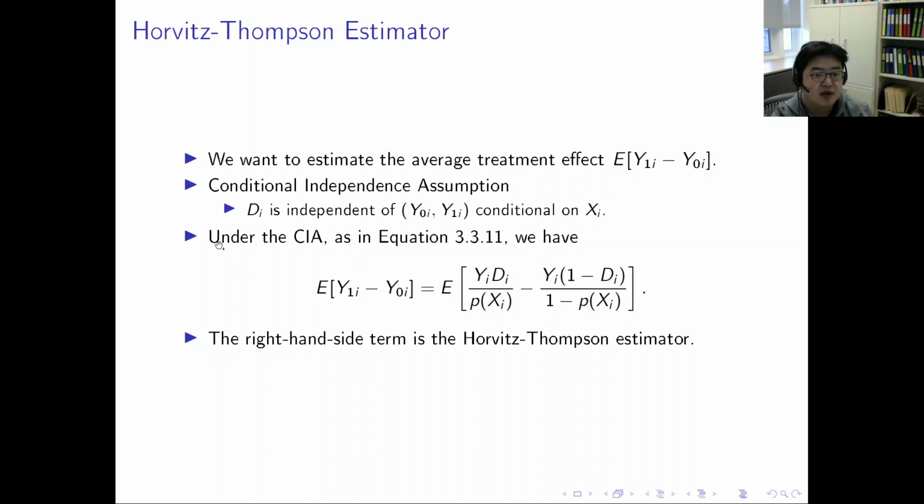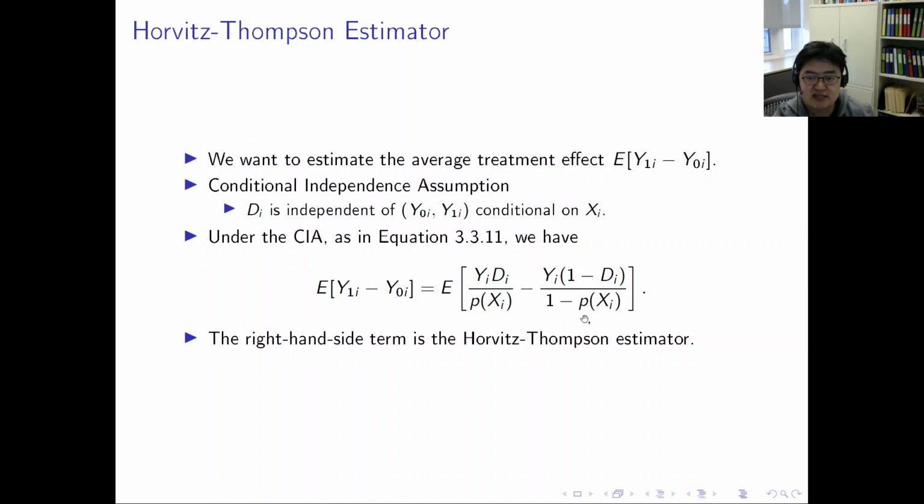Under the conditional independence assumption, in the textbook equation 3.3.11, you will be able to find this equality. The left-hand side is what we want to estimate.